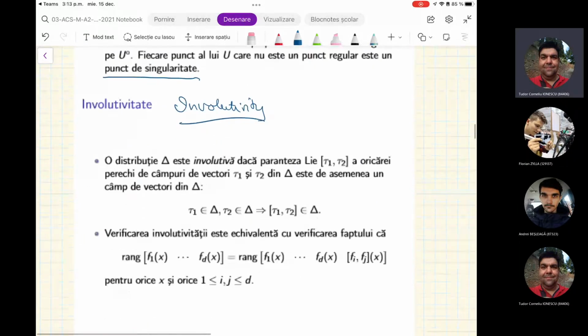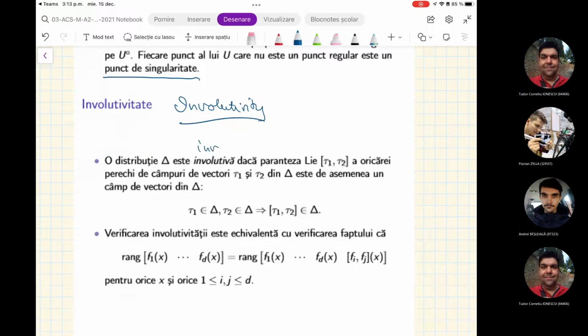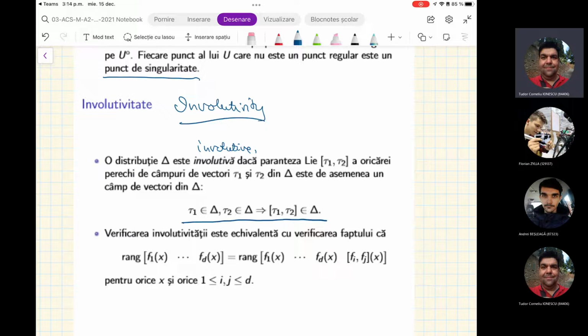The distribution is called involutive if the Lie bracket between any pair of vector fields tau1 and tau2 in the distribution delta is also a vector field in delta. So this is essentially the definition.